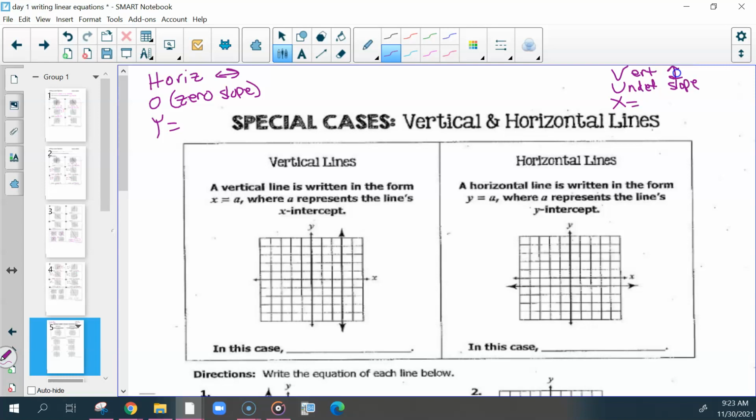Horizontal lines have 0 slope, and those are y equals. Vertical lines have undefined slope, and those are x equals.